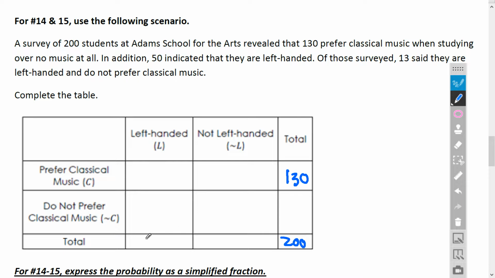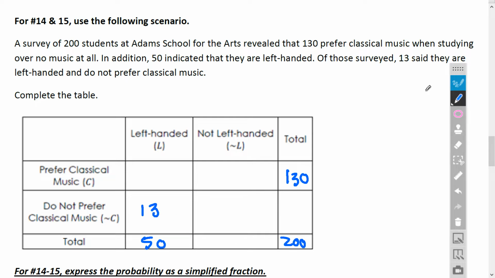So left-handed people, there's 50 of them. Of those surveyed, 13 said they are left-handed and do not prefer classical music.